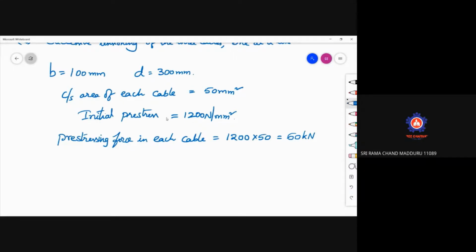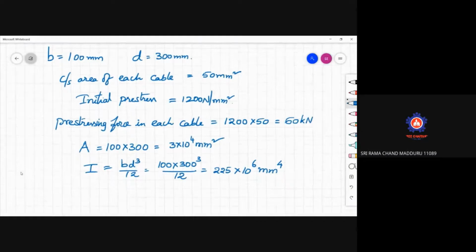Now, coming to the next one, the area of the cross section of the beam we can calculate, which is 100 into 300. That is nothing but 3 into 10 power 4 mm square. Moment of inertia I is equal to BD cube by 12, which is 100 into 300 cube by 12.